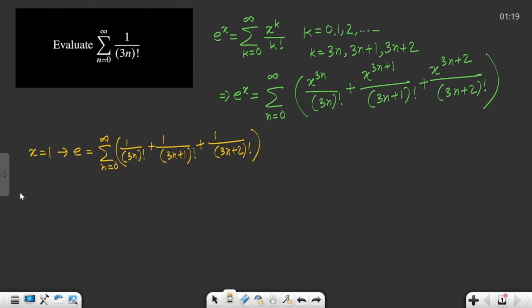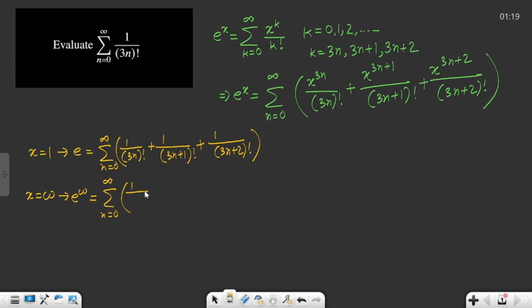So now we will put x equal to omega. What is omega? Omega is the cube root of unity you learned in complex numbers. Okay, so we will get e to the power omega equal to the summation n equal to 0 to infinity. Now we will use the properties of the cube root of unity. Omega to the power 3n is equal to 1. Omega to the power any multiple of 3 is equal to 1. You know it.